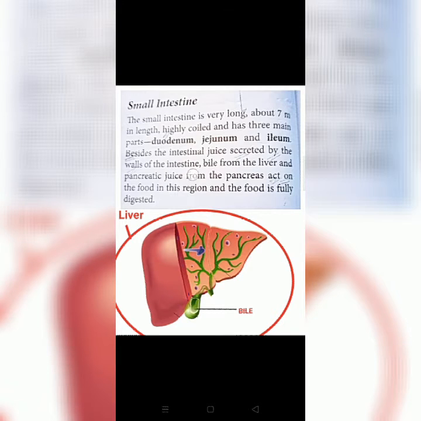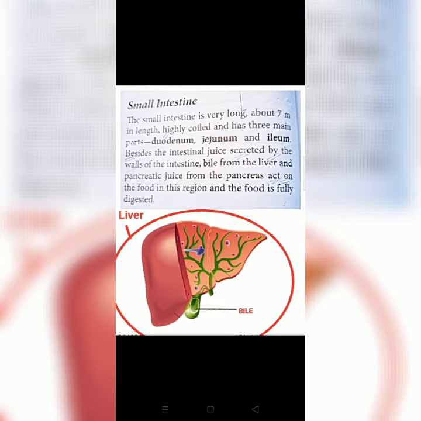It's written here that bile is from the liver. That means the bile is secreted by the liver. It's secreted from this part, and then it flows and gets collected in this part, which is the gallbladder. After that, whenever needed, it passes to the small intestine.